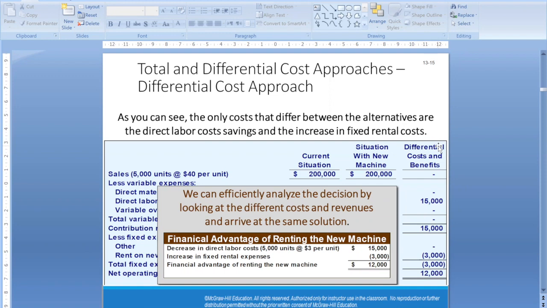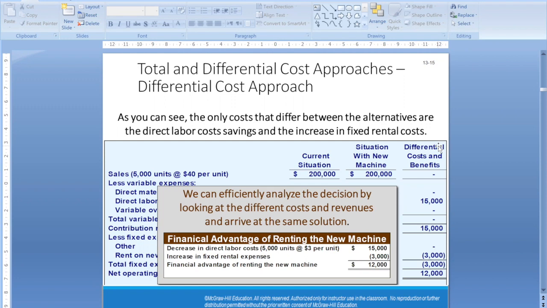We can efficiently analyze the decision by looking at the different costs and revenues and arrive at the same solution. So we can say the financial effect in this case is an advantage. Why? Because we have a positive number. A positive number means we will increase our net income if we include the machine.